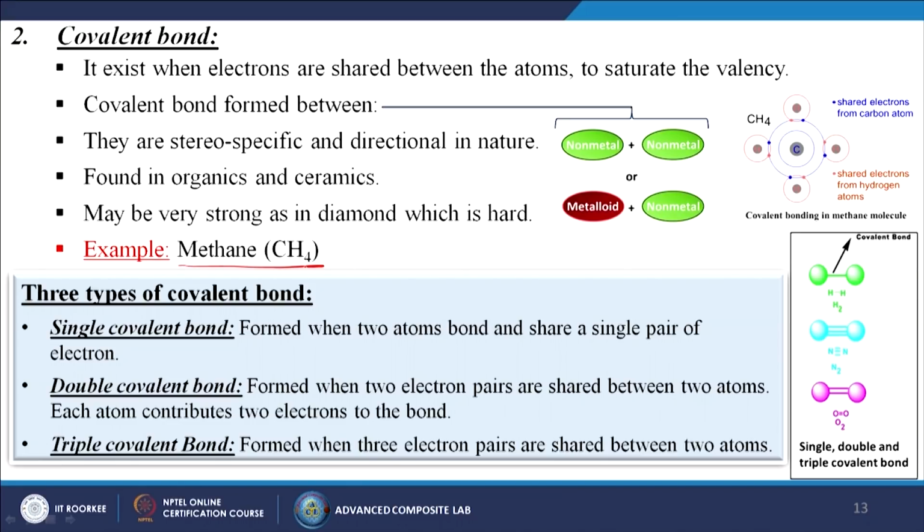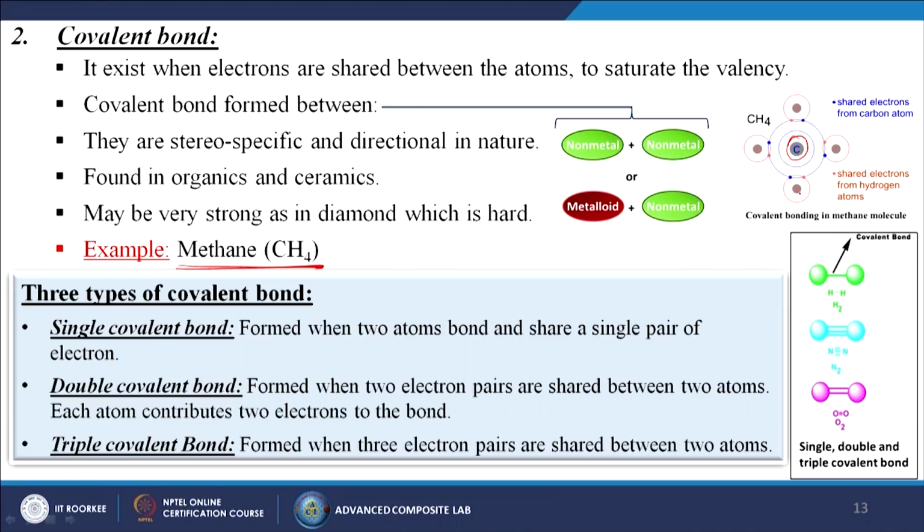An example is methane, CH4. Here you can see that C is present in the central orbital and H atoms surround it, and these are all attached with covalent bonds.